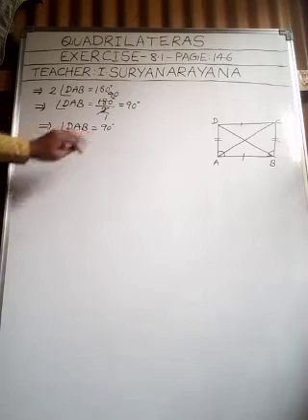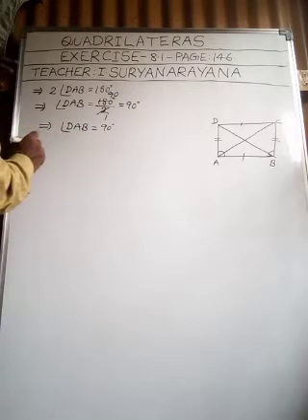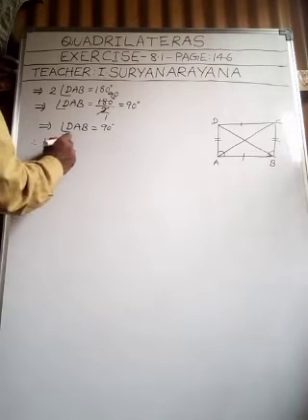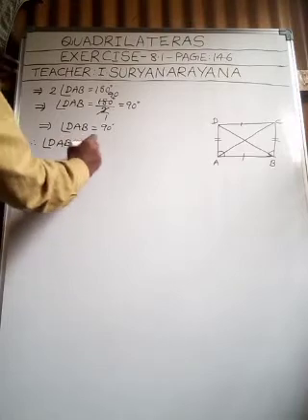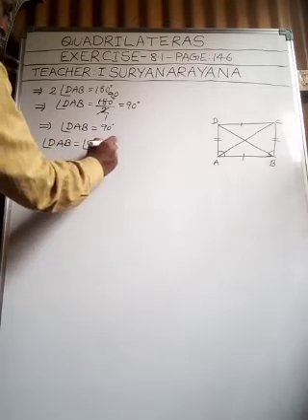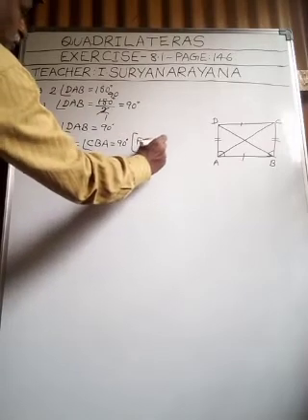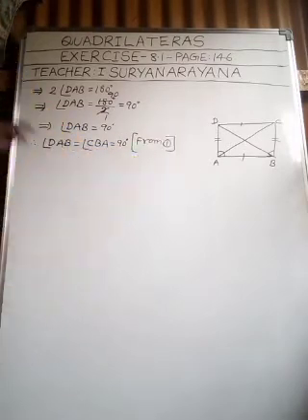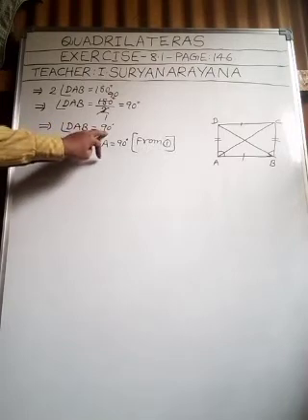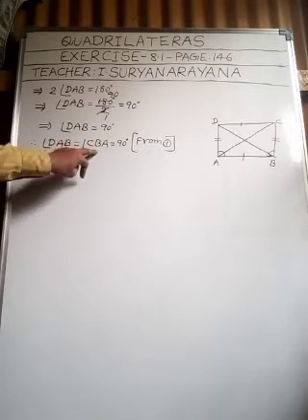Understood this step, my children? Therefore, angle DAB is equal to angle CBA is equal to 90 degrees, because from equation 1, angle DAB is equal to 90 degrees, but angle DAB is equal to angle CBA.